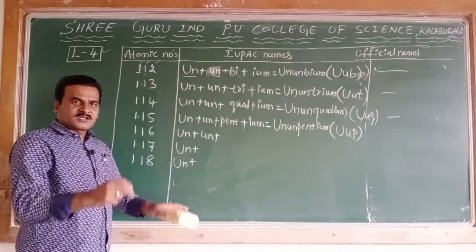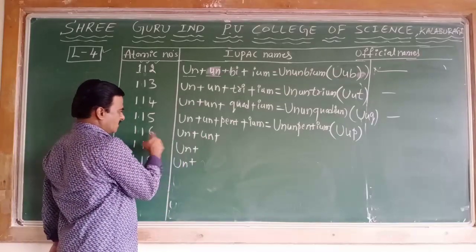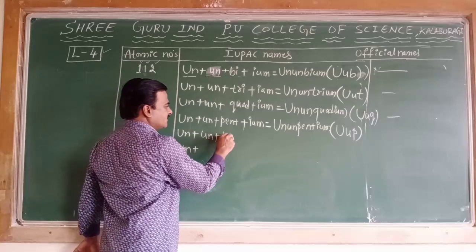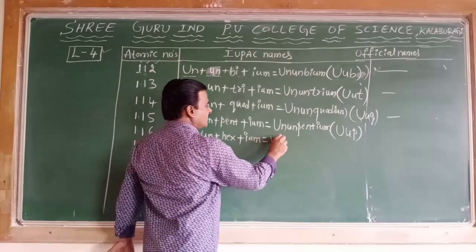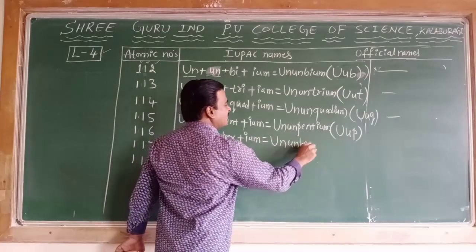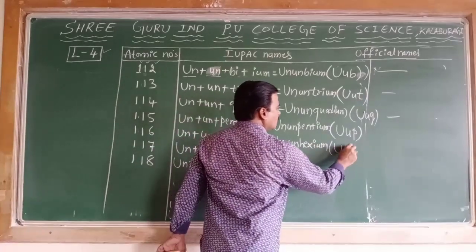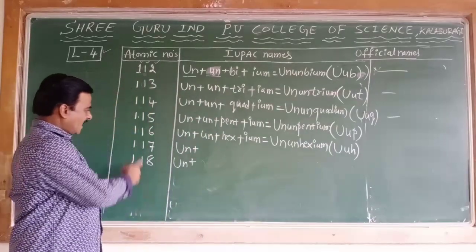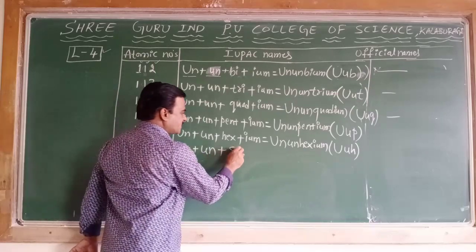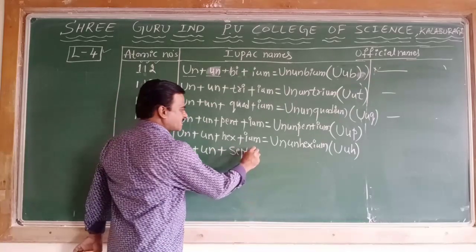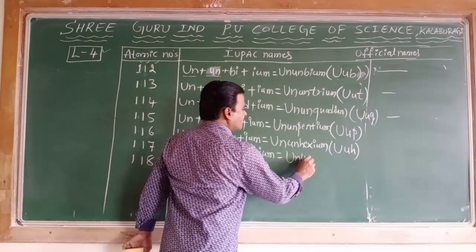Hope you have gained familiarity in writing them fast. 6 means hex, plus ium, name ununhexium, symbol Uuh. 117: un plus un, 7 is sept, plus ium, that gives ununseptium.